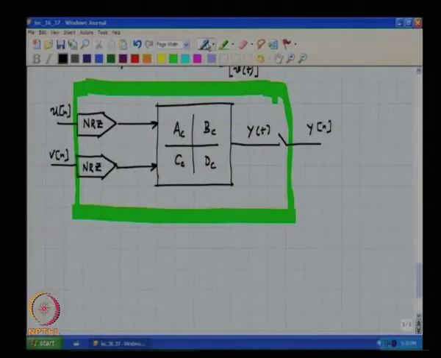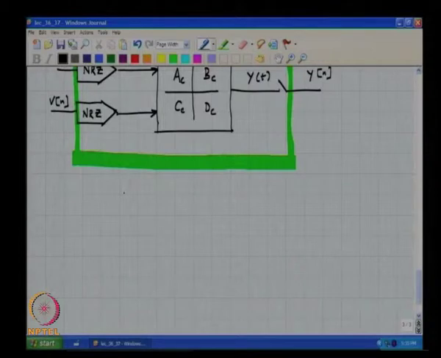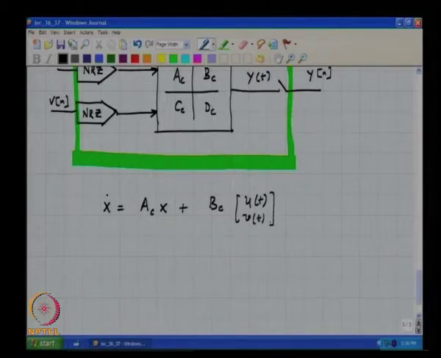So, if you have an input, so x dot is A_C times x plus B_C times u and v, or u of t and v of t, but now the u of t and v of t are slightly different in the sense that both u and v are held constant between adjacent sampling intervals.